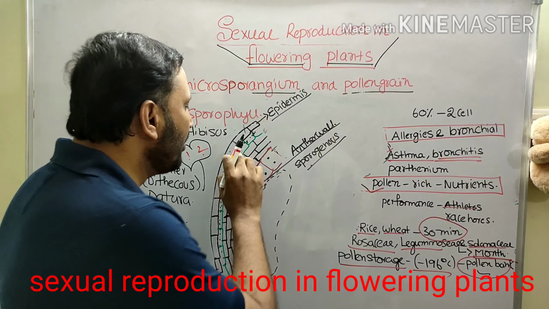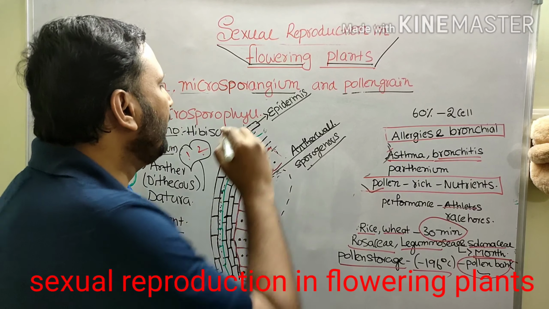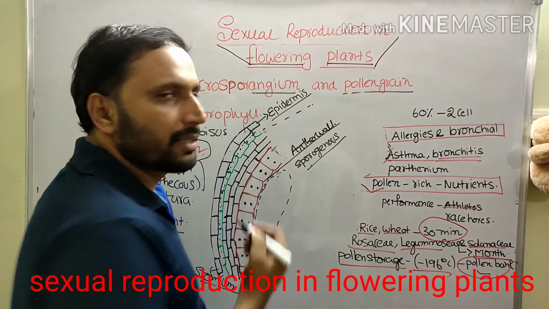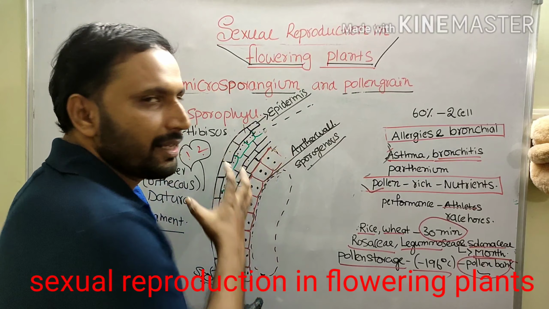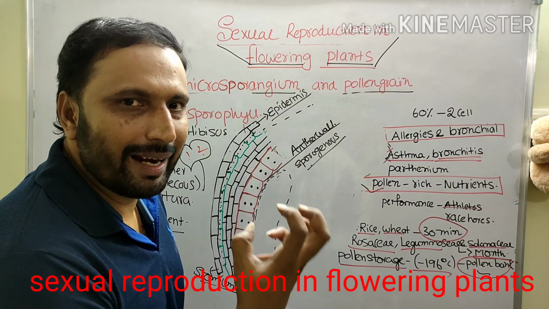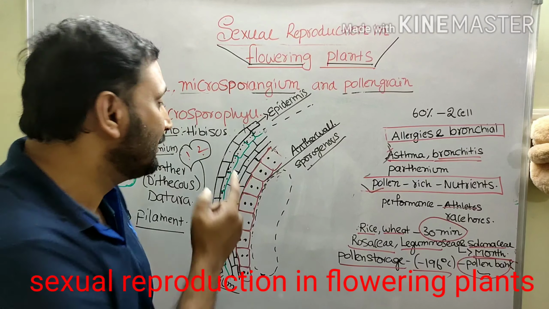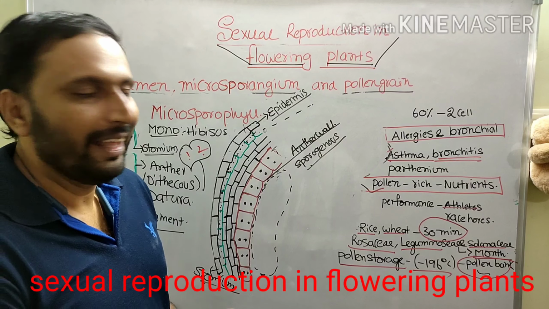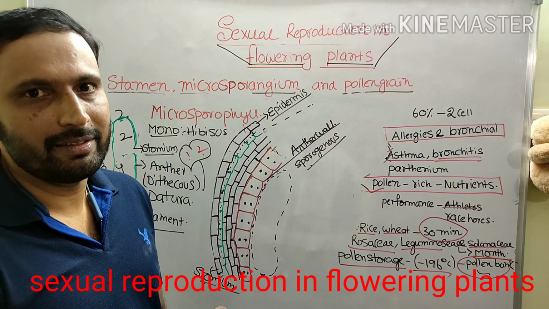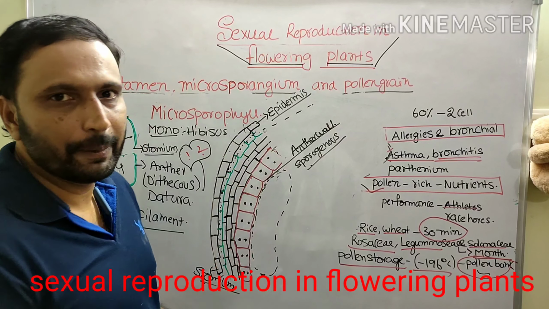When the moisture evaporates, the endothecial cells shrink, which helps dehiscence. So which layer is helpful for dehiscence? Endothecium, because it is hygroscopic.